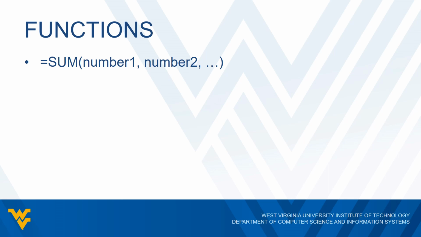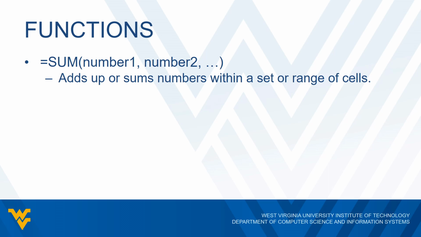And what this function does is it would add up, or sum, the numbers within a set or a range of cells. So I can put in specific cells. We can even do a range of cells. And we'll show some examples of that a little bit later. But the whole point here is that the sum function, where we do equals sum, will just allow us to compute the sum of all the cells in the parentheses.